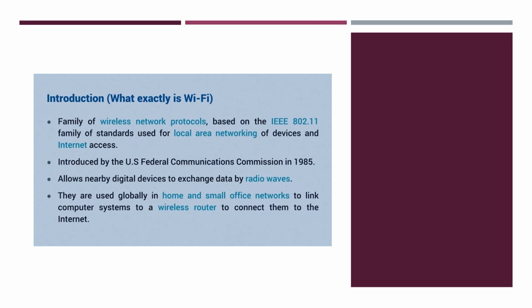Actually, Wi-Fi or IEEE 802.11 standards were introduced by the US Federal Communications Commission in 1985. It allows nearby digital devices to exchange data by radio waves. They are used globally in home and small office networks to link computer systems to a wireless router to connect them to the network.